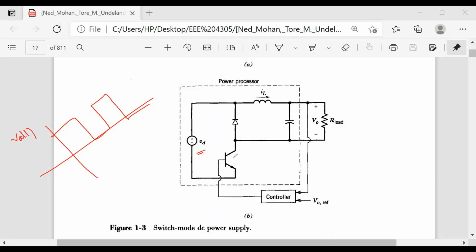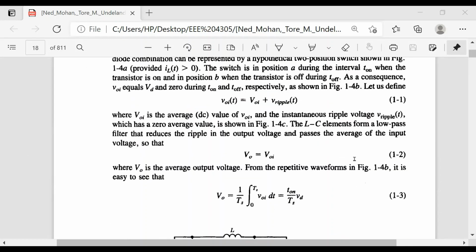So now if you turn on and off here, then you will get output voltage of the same shape, and with that one, if you filter this one, then you will get a DC. I know that this is not very much clear to you, but in chapters 7 and 8 that has been given very clearly, but I am not going very deep. Rather, I am showing you this one.